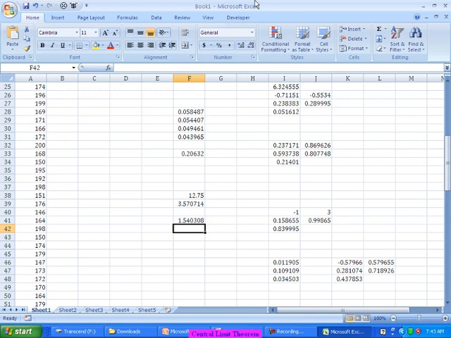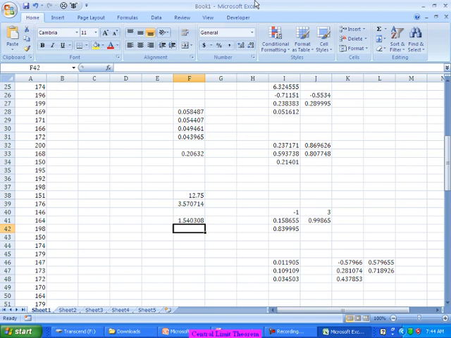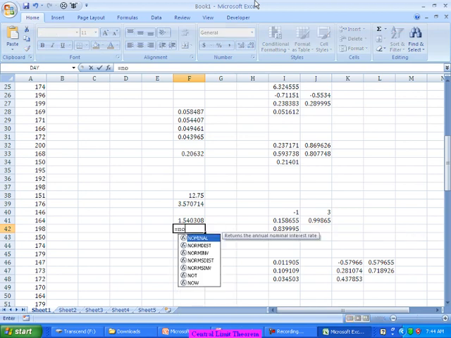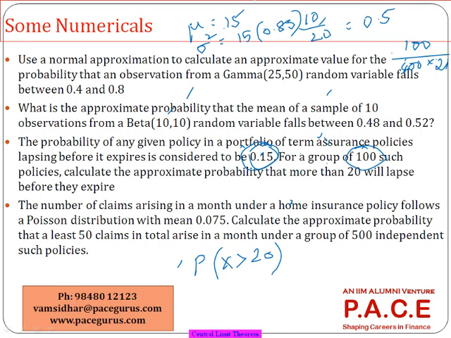But I want greater than 1.54 because we are talking about x greater than 20. So I'll do a 1 minus of it. The table value corresponding to 1.54 is 0.93 something, so 1 minus that is around 6%. So there is a 6.17% chance that more than 20 policies will lapse.